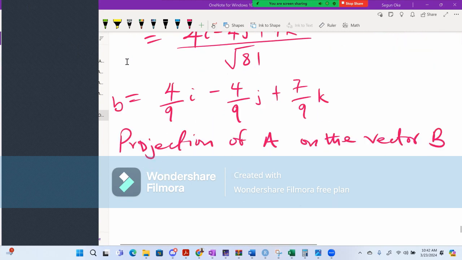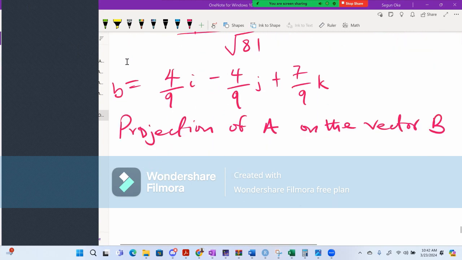On the vector B simply means that you're asked to calculate A dot small b. Your small b is your unit vector, don't forget. We know it.